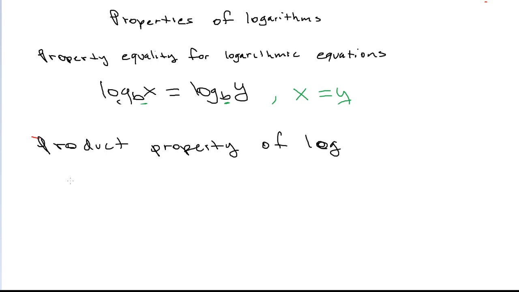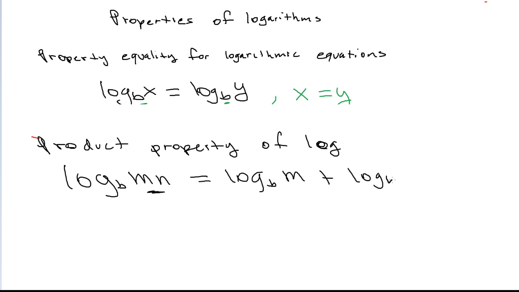All right, so basically what this says is this: if I have the logarithm base b of m times n, that's equal to, so this is product because you're multiplying those two, logarithm base b of m plus logarithm base b of n.